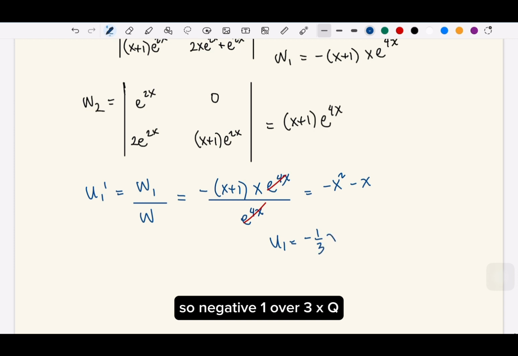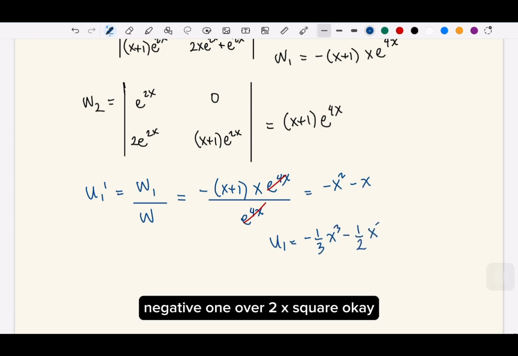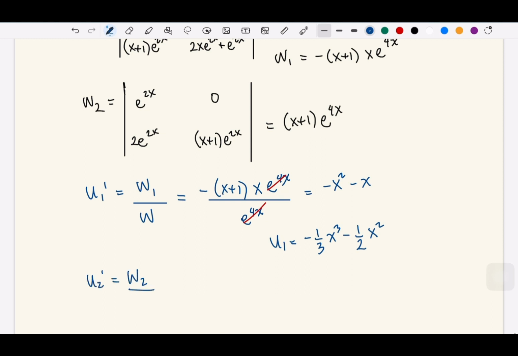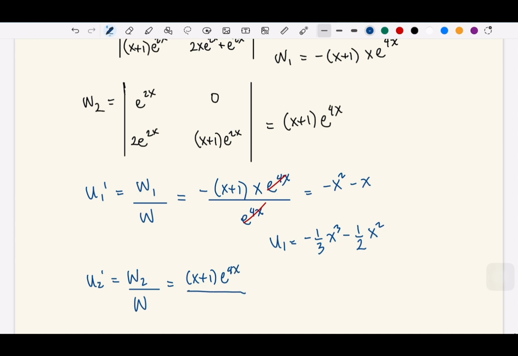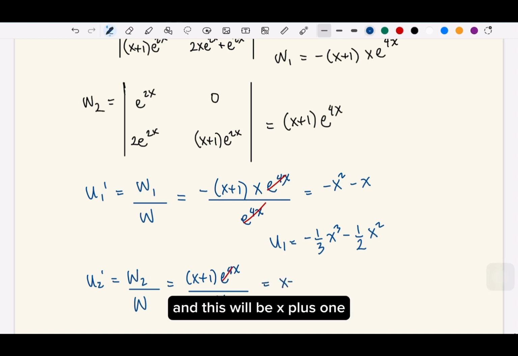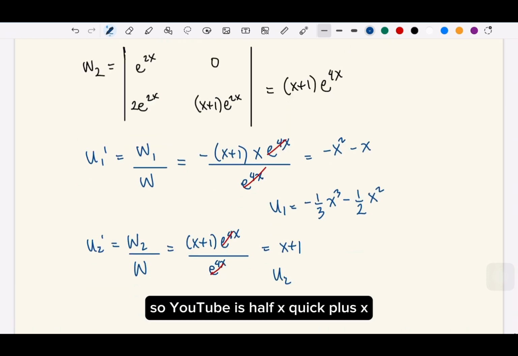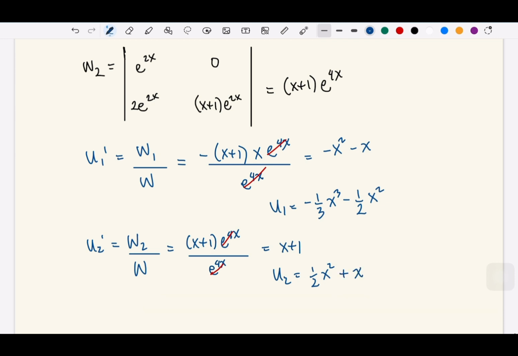So negative 1 over 3 x cubed, negative 1 over 2 x squared. Okay, that's u1. Now u2 prime is w2 divided by w, is x plus 1, then we can cancel, and this will be x plus 1. So u2 is half x squared plus x.